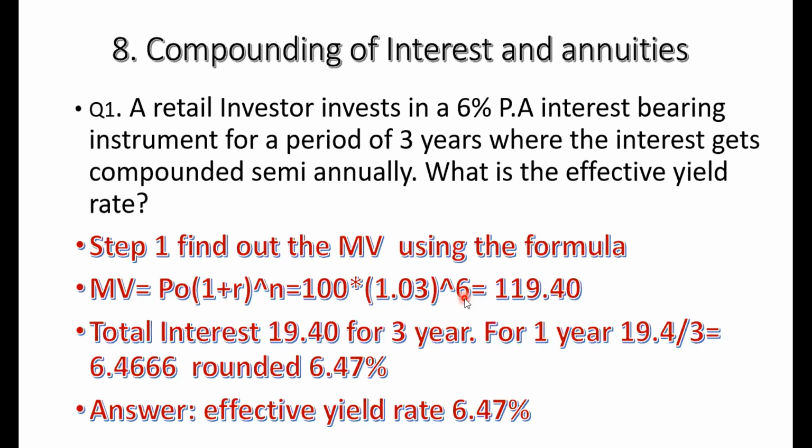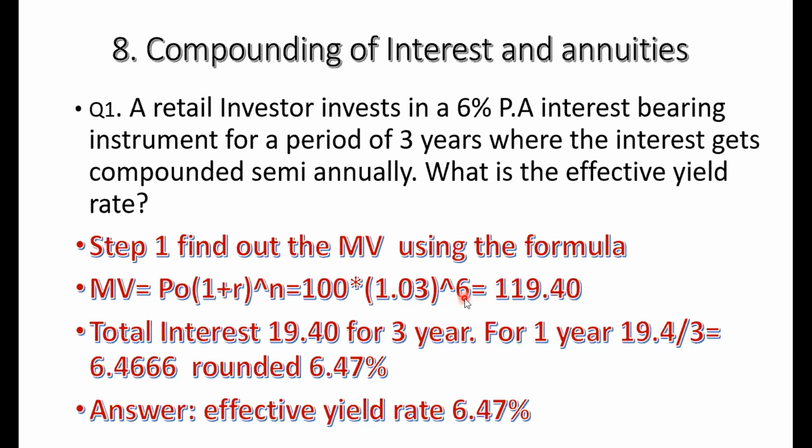Quarterly, same question. 142.58? Maturity value 142.58? Okay. Sometimes I also do 1.015 to the power, 3, 4, 5, 6, 7, 8, 9, 10, 11, 12. Others? Yes, sir. 142.58.